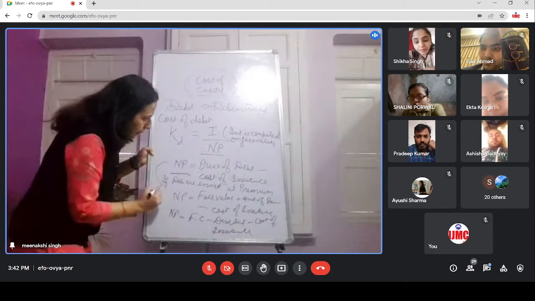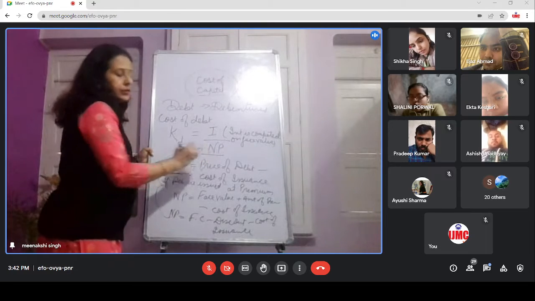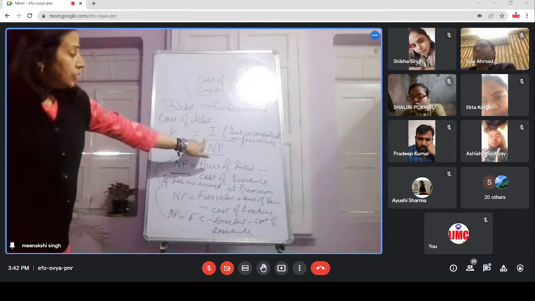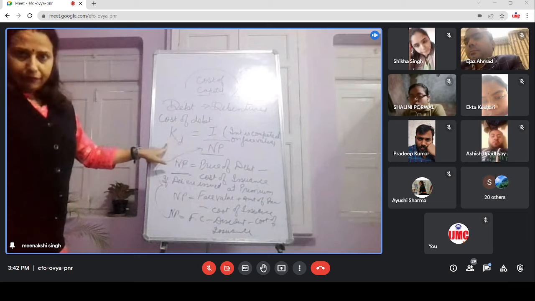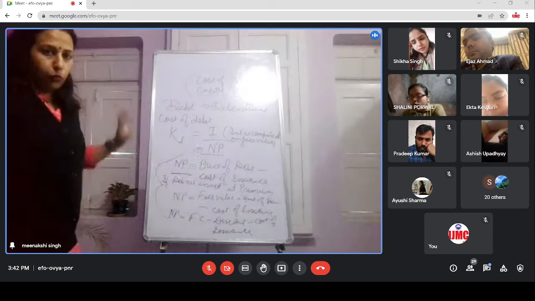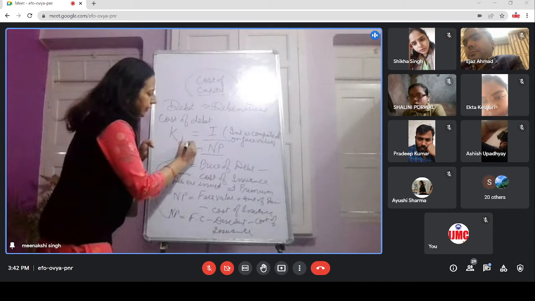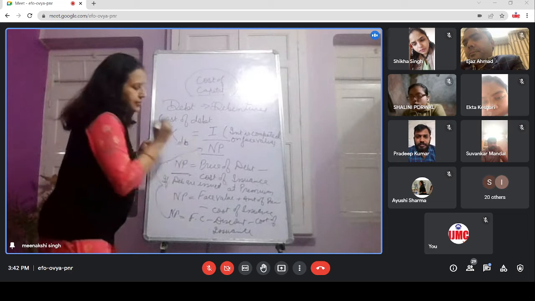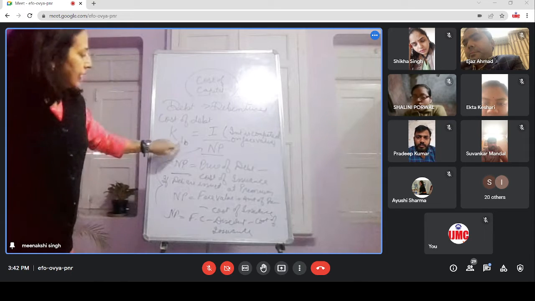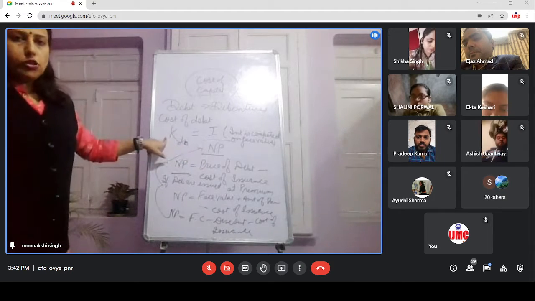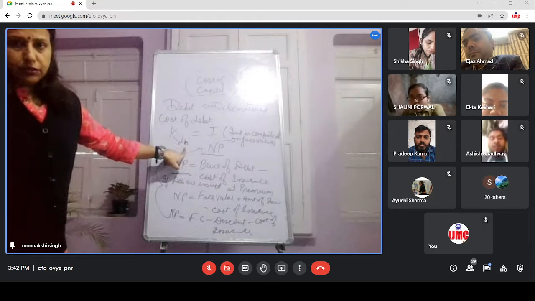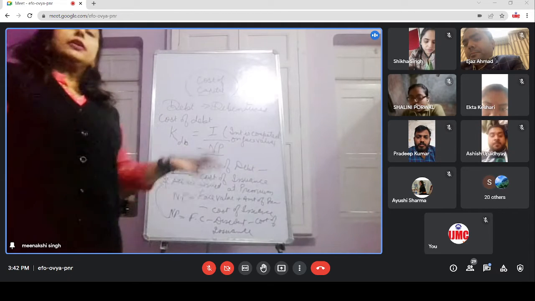So these will be termed net proceeds in different cases. The cost we have calculated using this formula is your cost of debt before taxes. So I'm using the term KDB, cost of debt before taxes, because we haven't computed taxes yet.